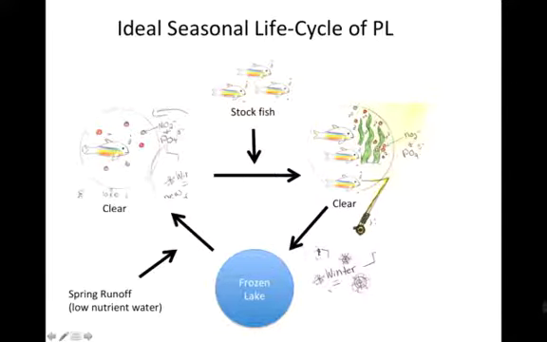Then winter will happen, the lakes will freeze, and the cycle will continue. For a good example of this right now, you can look at the way Heart Lake is working, and I think we're also pretty close to having this happening in the Kitty Pond Lakes 1, 2, and 3.